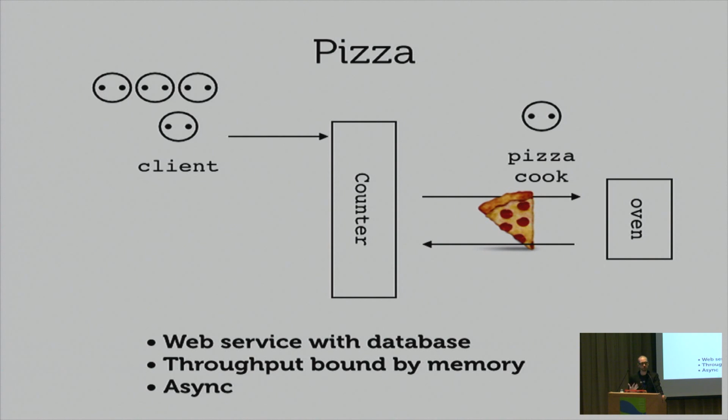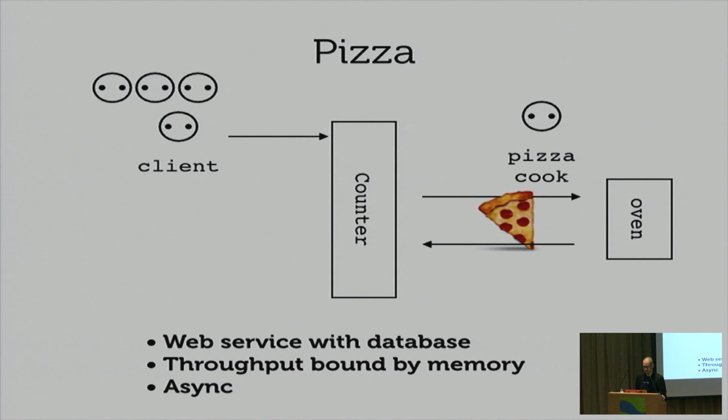And so having a process per client or a thread per client is a waste of resources because those processes or threads spend most of their time waiting for the database. Better to have an asynchronous process that is capable of responding to clients as they arrive and then completing requests as queries complete on the database side. In that way, you'll minimize the resources that you spend waiting for the database.